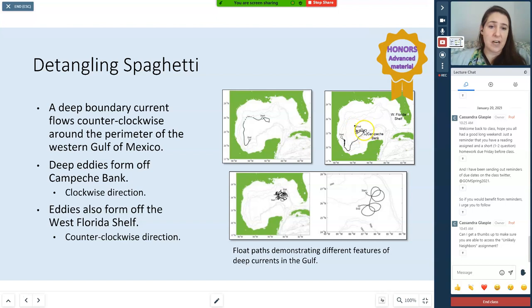And these eddies are moving in a clockwise direction, so they're moving like this. And then we also have eddies forming off of the West Florida shelf, so like right here, and these eddies tend to move in a counterclockwise direction. So these are some consistent features of the deep Gulf of Mexico circulation that we know of from using these floats.